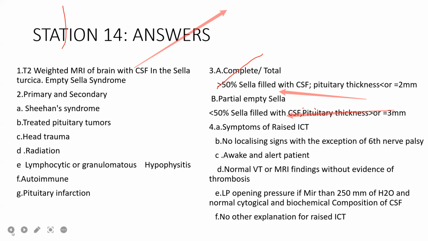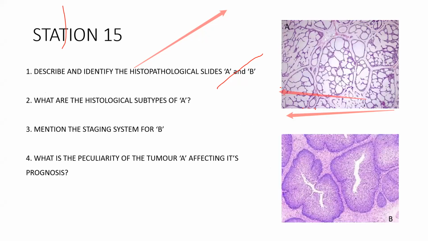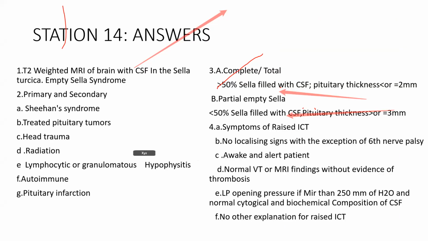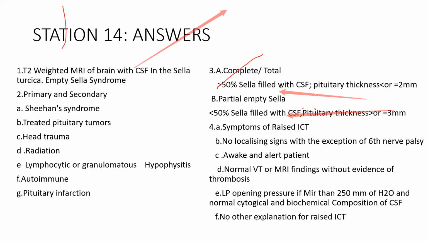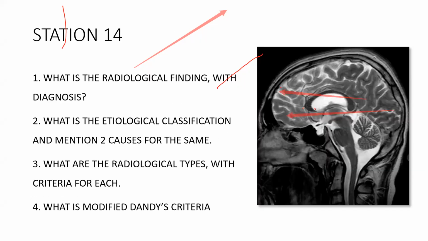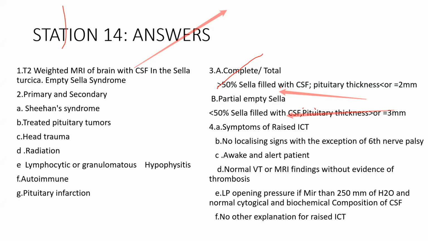It can be primary or secondary. That is the etiological classification. In primary, there is no cause, which means the diaphragma sellae, the dural covering of the sella turcica, is weak, so the arachnoid herniates into the sella, and with the pulsations CSF gets collected in the sella turcica and compresses the pituitary gland.